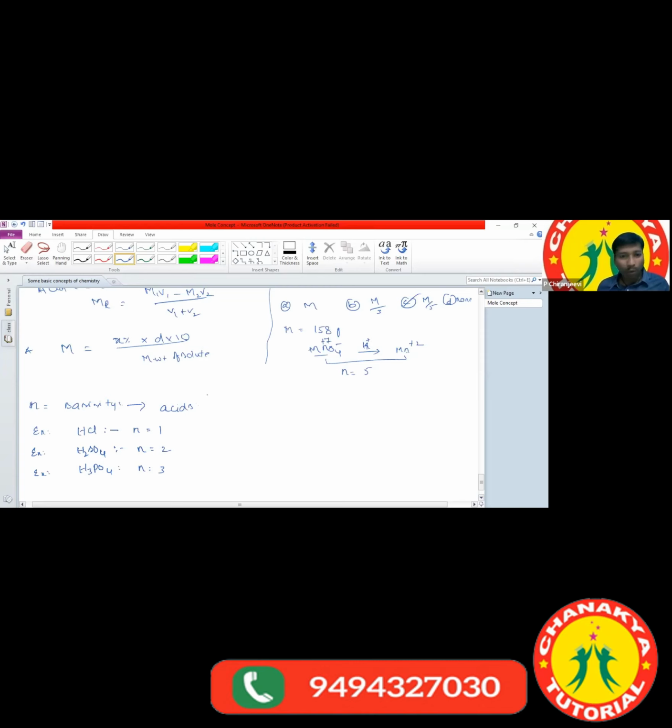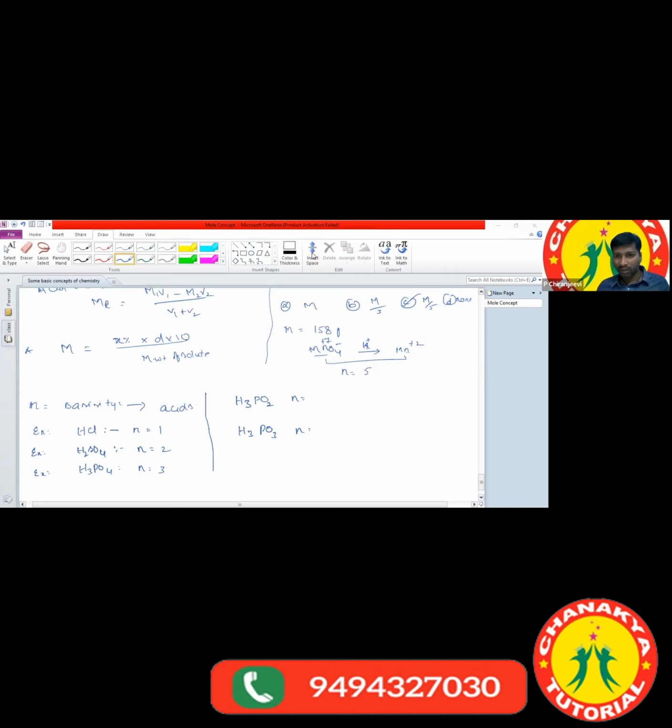Now, one more question, which is related to JEE level. In H3PO2, what is the N factor? Anyone of you can guess? Samhita is super fast today.